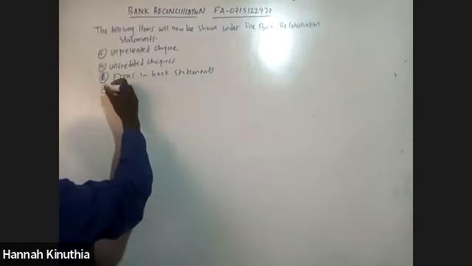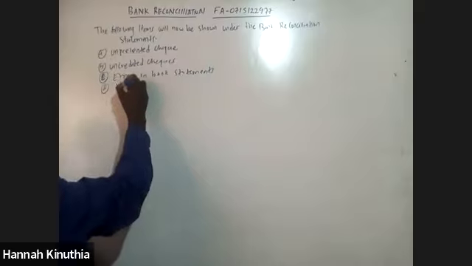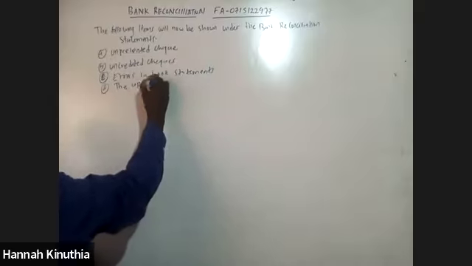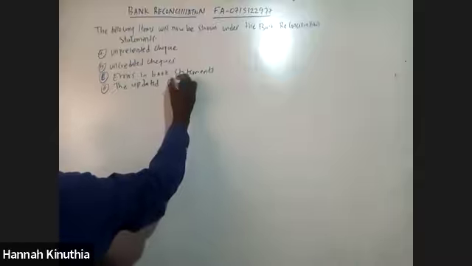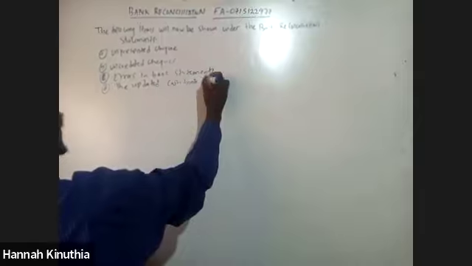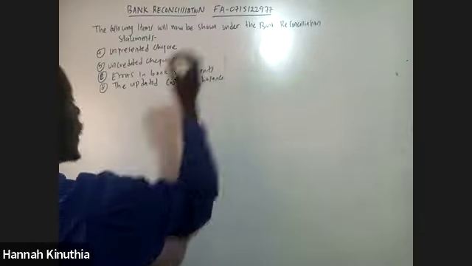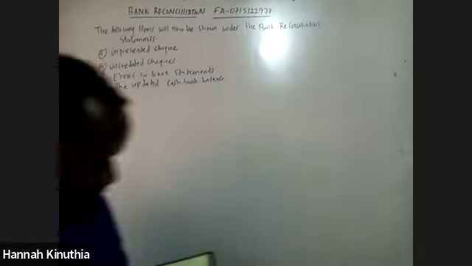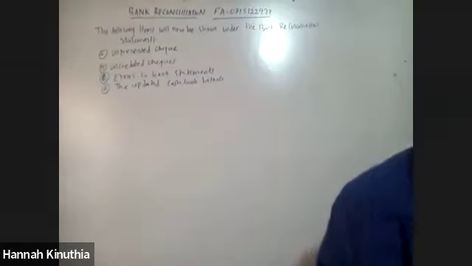Number D, and the last one, the updated cash book balance. Formats. I think now we can move to formats.